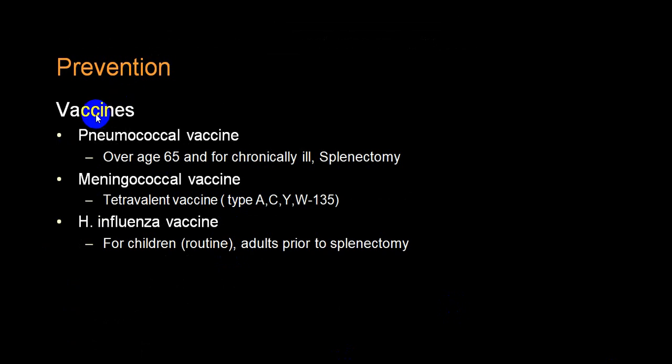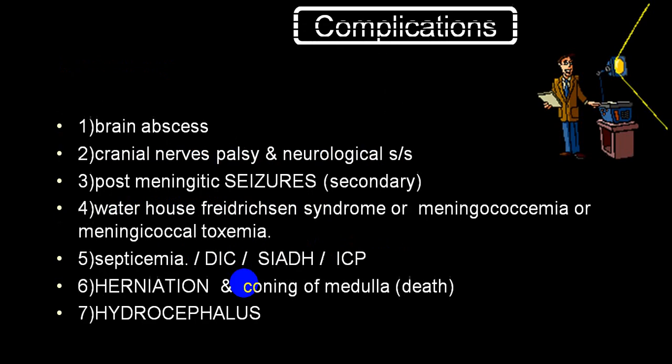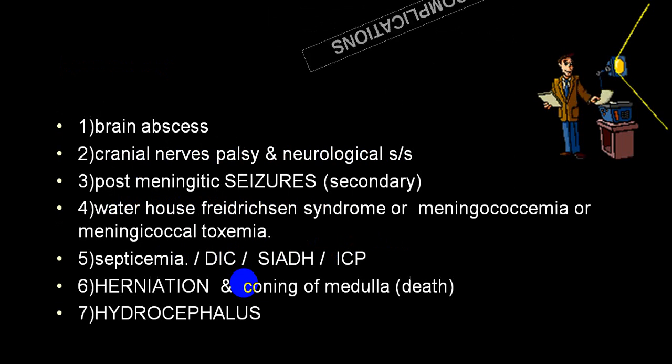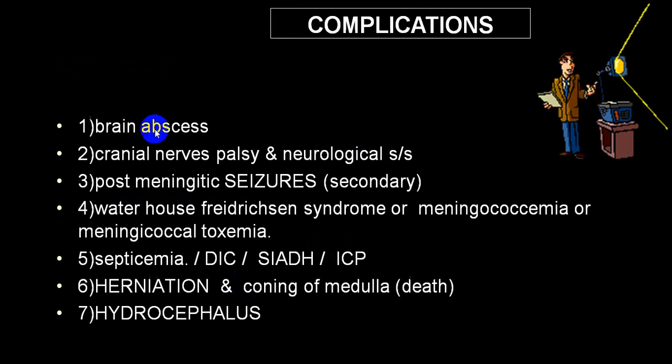Prevention can be done in persons who are highly prone; particularly you can use pneumococcal vaccine, meningococcal vaccine and H. influenzae vaccine. They will be very helpful to prevent infection in high risk groups. Some complications are very common, particularly in pyogenic meningitis, like brain abscess, cranial palsy, irreversible damage to the brain as well as cranial nerves, and secondary seizures.